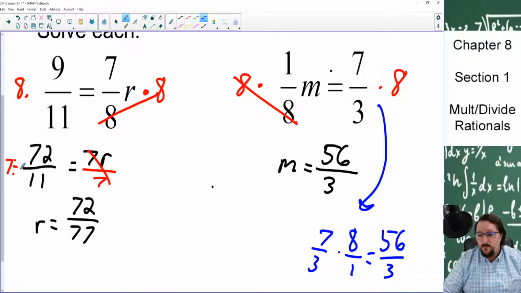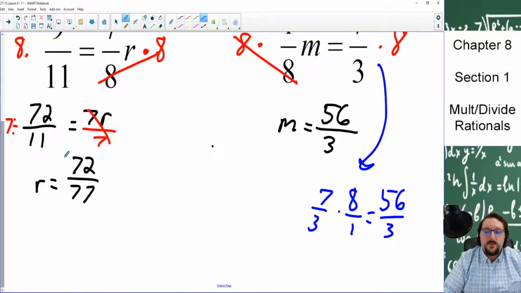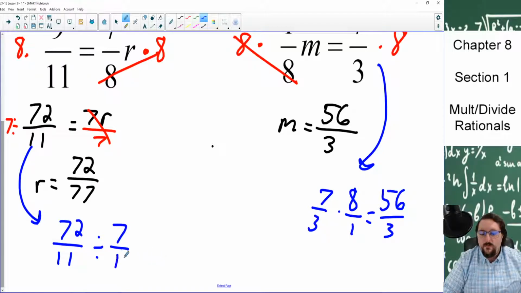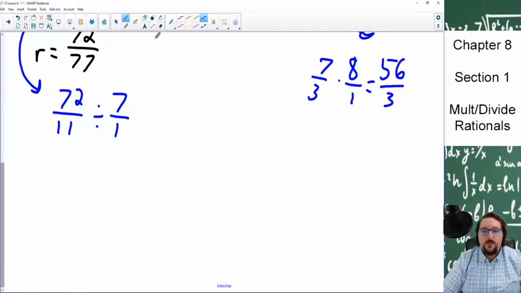You might say, well, wait, why does 72 over 11 become 72 over 77 if I divide by 7? Well, just like here, we can blow that up and look at it real quick. 72 over 11 divided by 7 over 1. Well, when we do division with fractions, we always have to remember the phrase keep, change, flip.